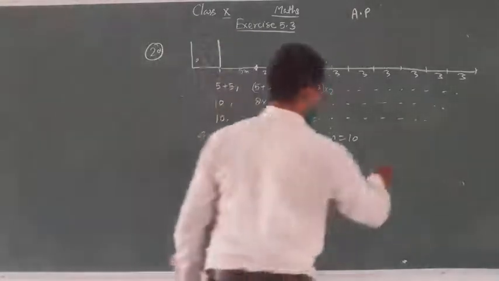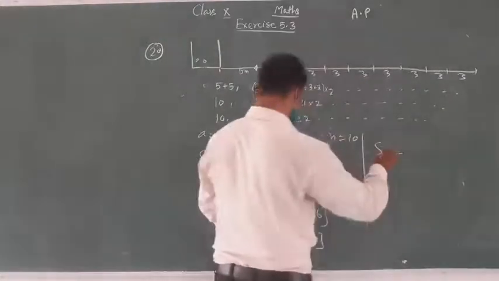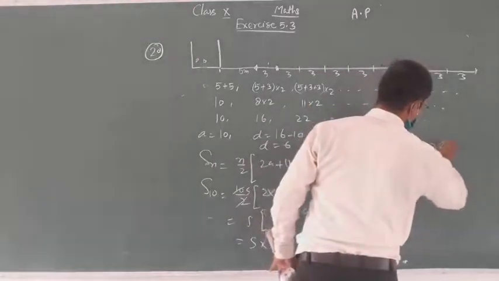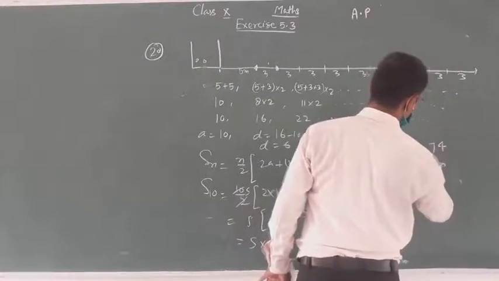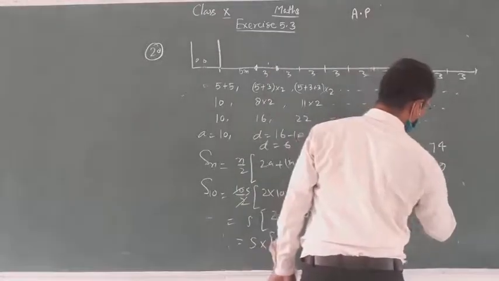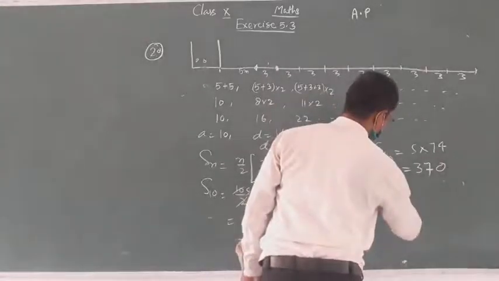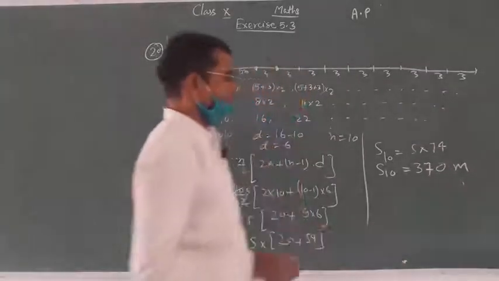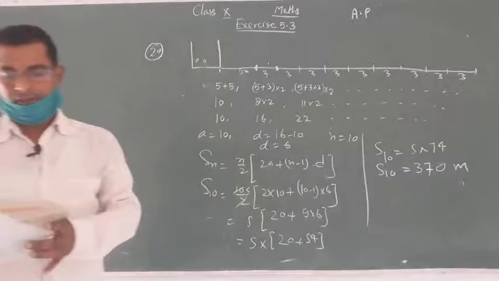So S10 is equal to 5 into 74, which is 5 times 4 is 20, 5 times 7 is 35, so 370. So S10, the total distance covered, is 370 meters. That's all.